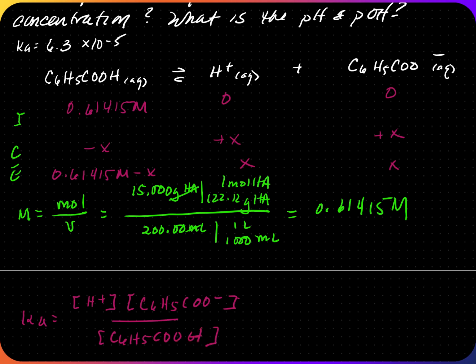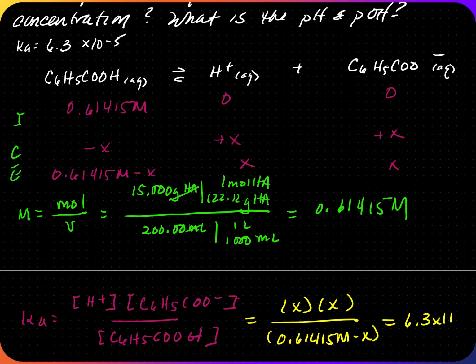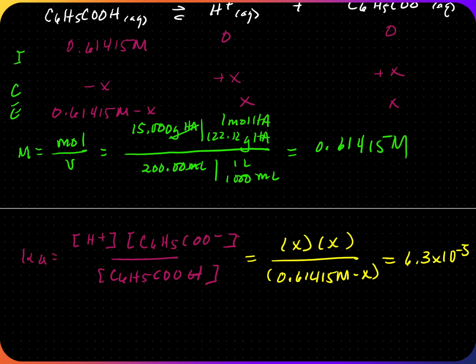Now I'm going to plug in my values: X, X at equilibrium, and then my reactant is 0.61415 minus X. This is equal to the Ka, which is 6.3 times 10 to the negative fifth. We're going to make the assumption again. This will follow the 5% rule by canceling out negative X.